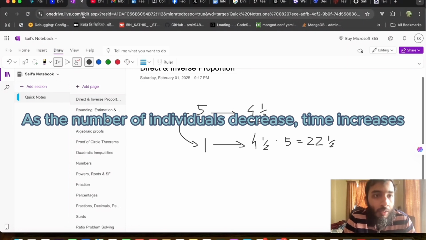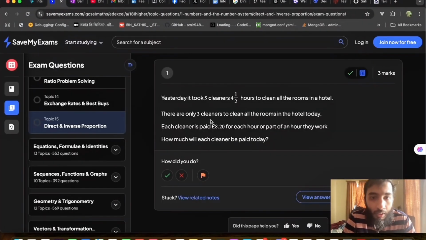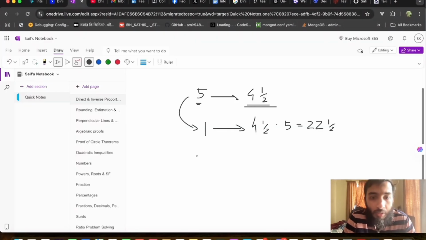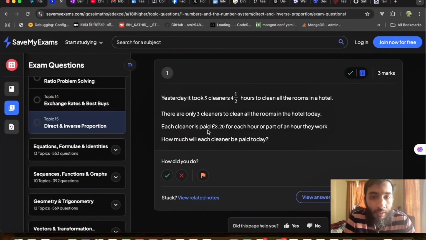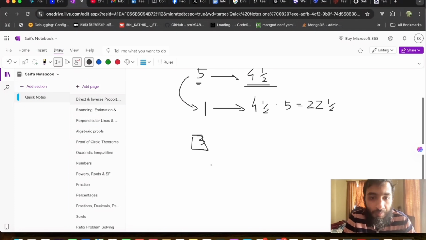So this was the first piece of information. The second was that only 3 cleaners are available today, and each cleaner is paid 8.20 pounds per hour.